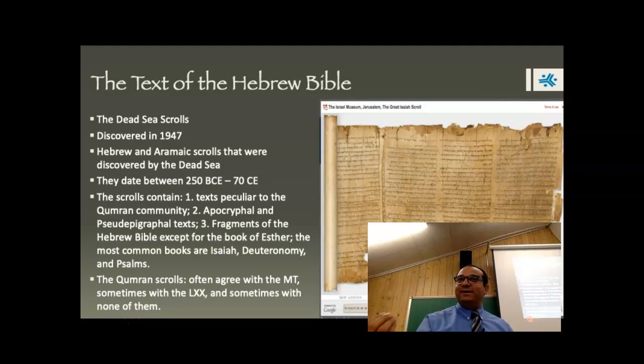Should they follow the Masoretic text here, or should they follow the Septuagint or the Dead Sea Scrolls? Sometimes the Dead Sea Scrolls agree with the Masoretic text. Sometimes they agree with the Septuagint, and sometimes they disagree with both.